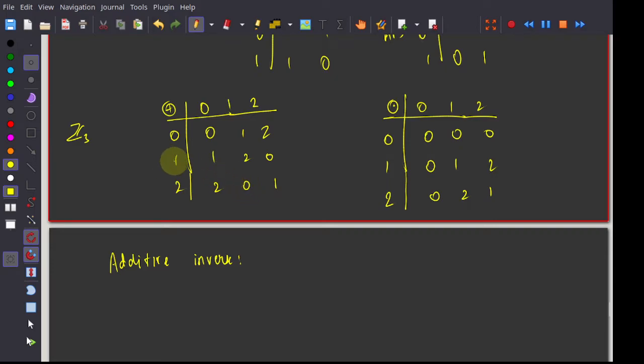You add something to each number, you should get a 0. You know that 0 is the additive identity. So for every number, there should be some other number such that if you add the two, you get a 0. So the additive inverse of 1 is 2 because it gives you a 0. The additive inverse of 2 is 1, so that's a sanity check. Now, what about multiplicative inverse?